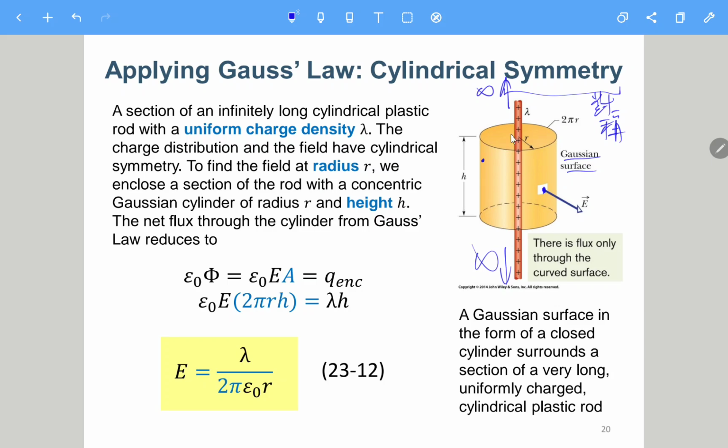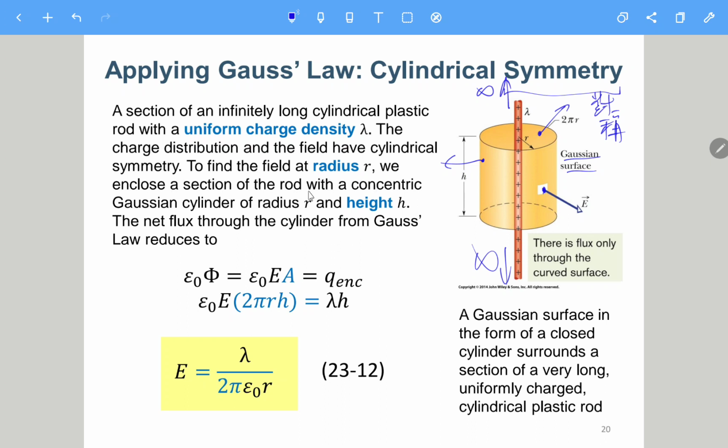The E field on the side face has the same magnitude everywhere but points in different directions. For this one it points to the bottom right, for this one to the left, slightly bottom left, and for that one to that side. But on the same cylinder, all the magnitudes should be the same.